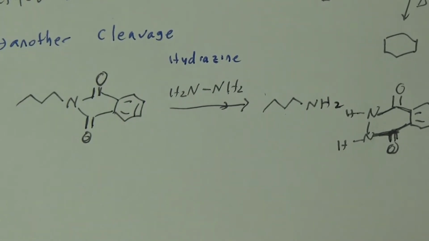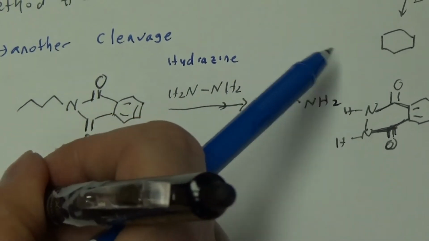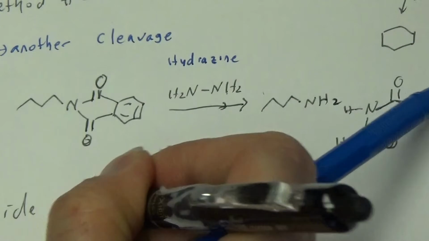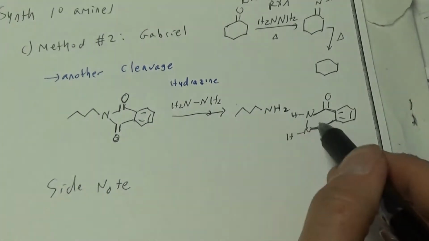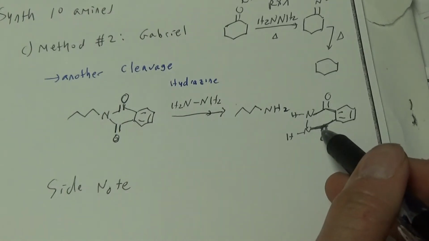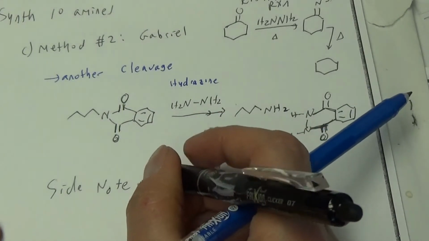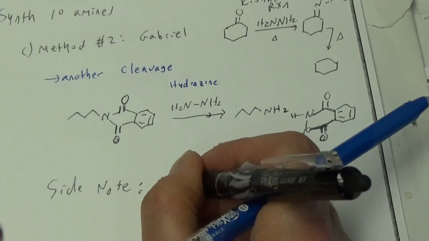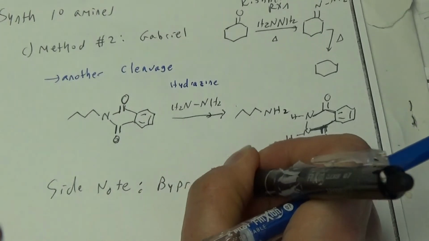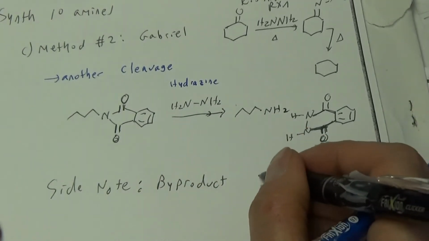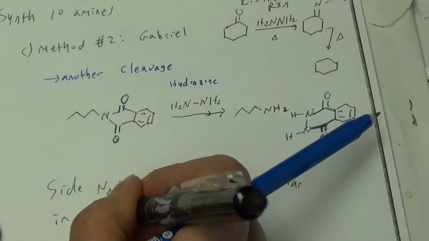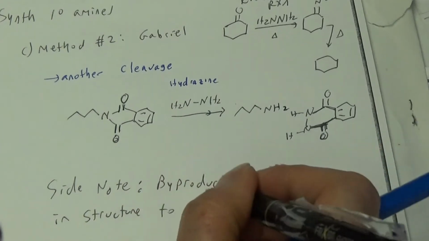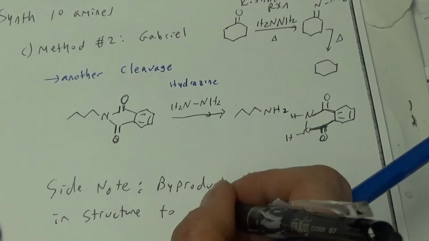Side note, the byproduct of this hydrazine-mediated cleavage of the Gabriel is similar in structure to something called luminol, which is an interesting molecule.